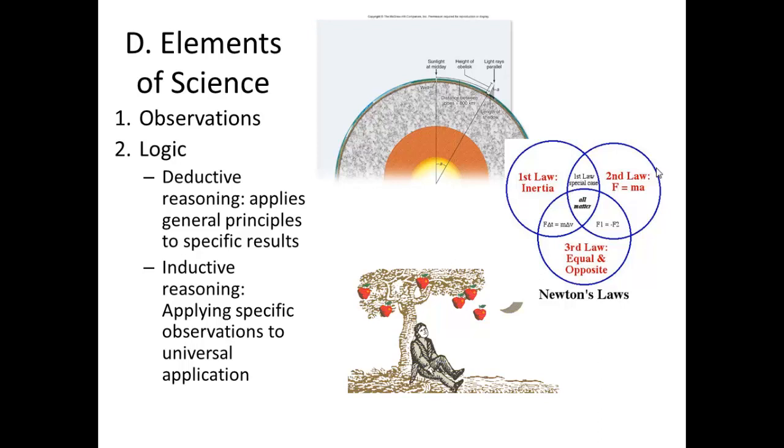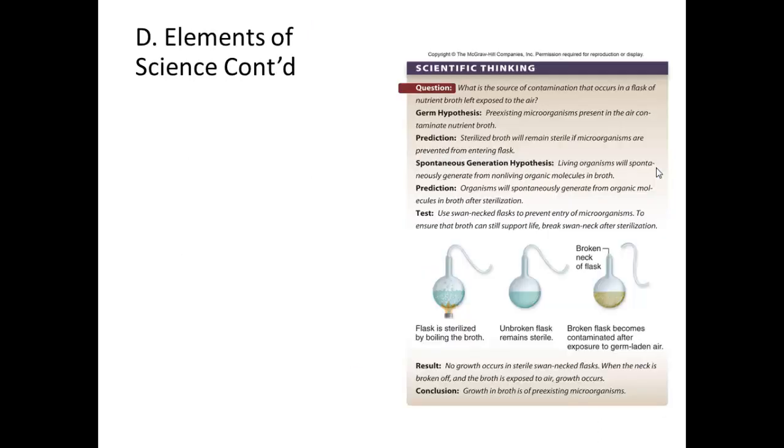Inductive reasoning then is applying scientific observations to a universal application, and these usually fall under what we call theories or laws. So Newton's laws of physics applied to all things in motion, or at least he thought, and then Einstein came out with different equations which were more comprehensive, and so on and so forth.